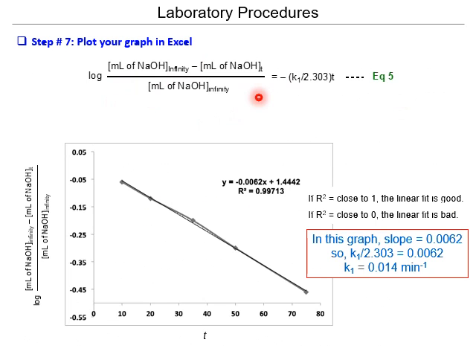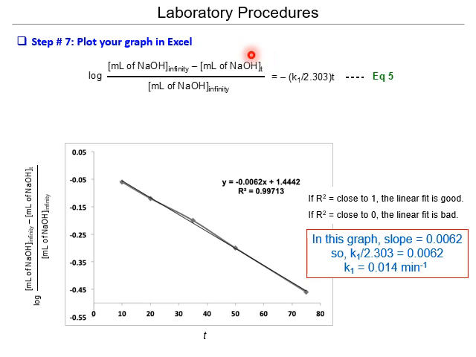You can calculate the left side of equation 5, because on the left side you need the milliliters of sodium hydroxide for the infinity solution and for each of the times you did the titration: 10, 20, 35, 50, 75. And again the milliliters of sodium hydroxide for the infinity solution. Calculating the left side of the equation is extremely easy.